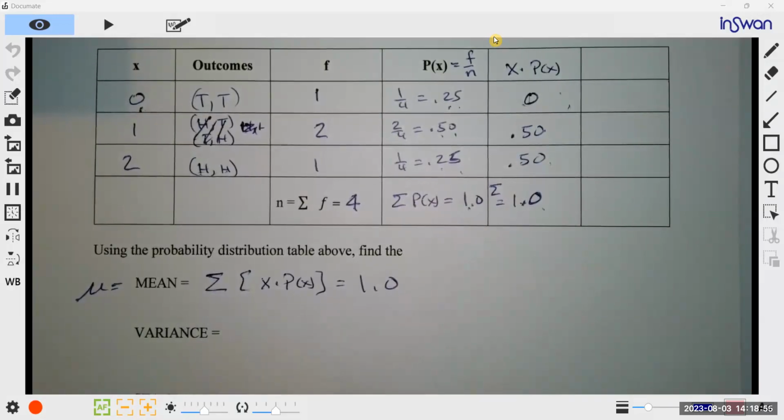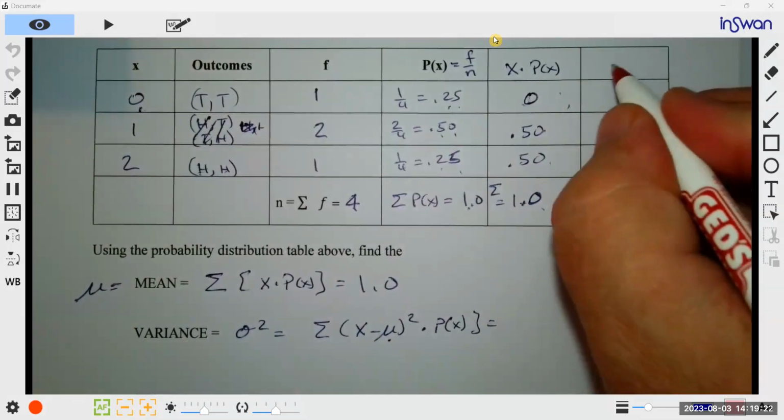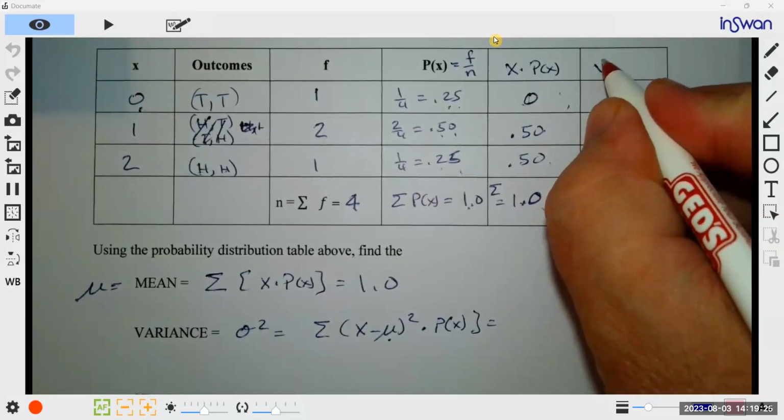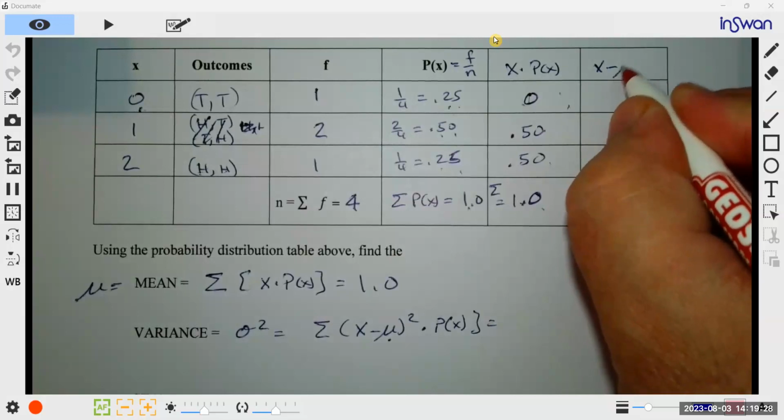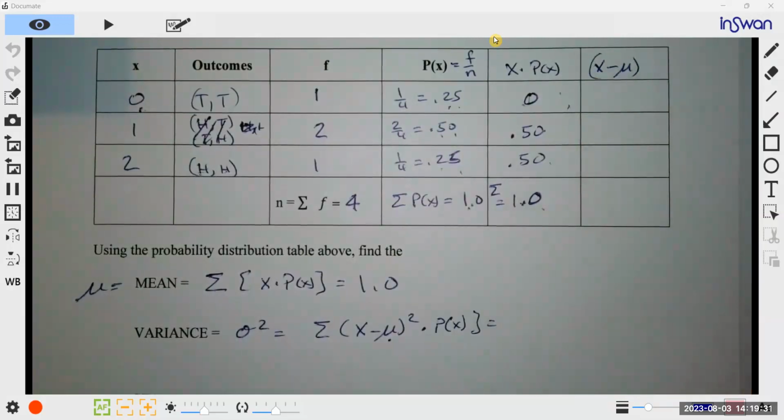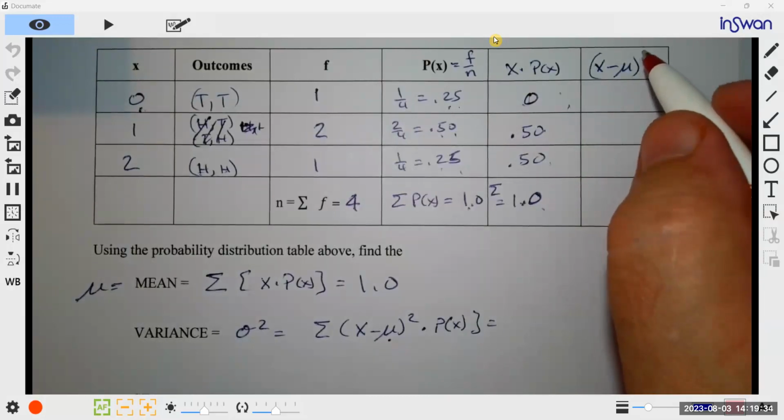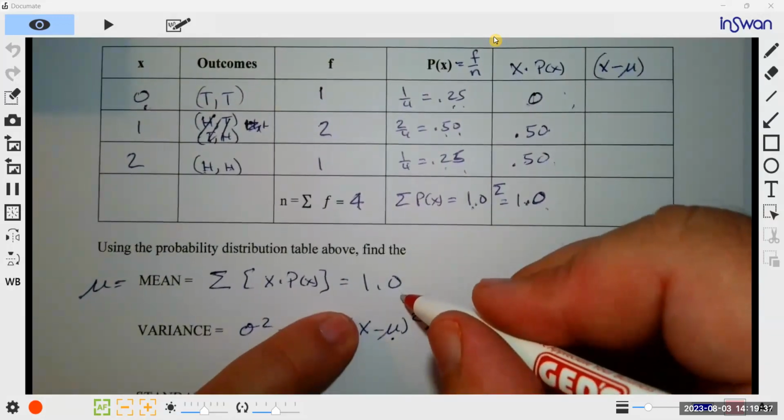Now, the variance is the summation of x minus mu, squared, times p of x. So we have x minus mu, and mu is 1.0.